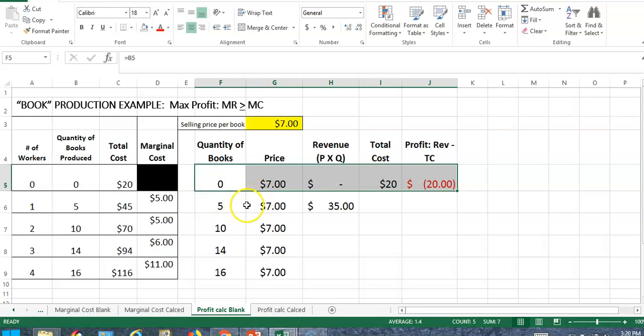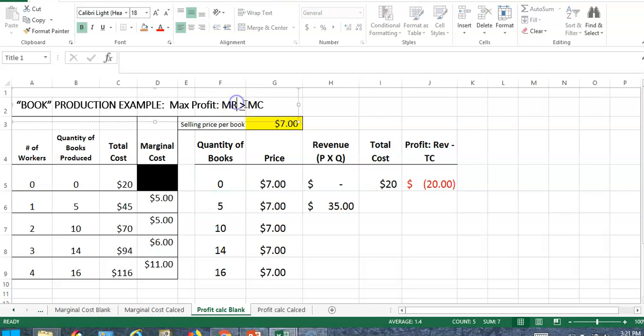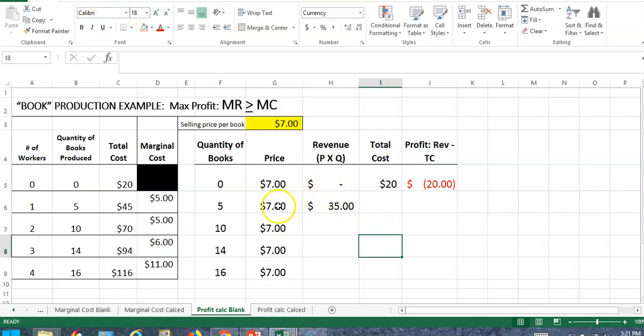Well, remember the short answer was, as long as marginal revenue is greater than or equal to marginal cost, we want to keep producing. So marginal revenue, well, that's the price. The revenue goes up by the $7 every time we sell a book. For the first 5 books, when we hire 1 worker, the marginal cost goes up by 5.